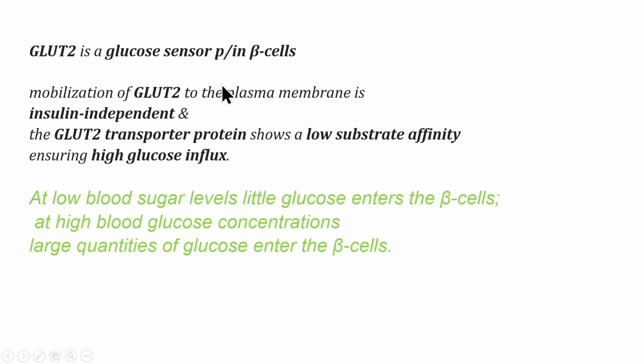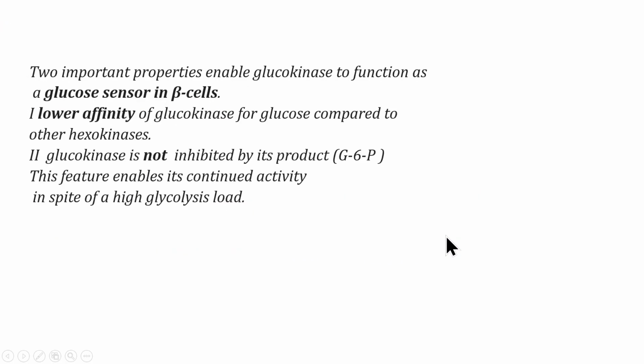Mobilization of GLUT2 to the plasma membrane is insulin independent, and the GLUT2 transporter protein shows a low substrate affinity, ensuring high glucose influx into the beta cells. That means at low blood glucose levels, very little glucose will enter into the beta cells. At high blood glucose concentration, large quantities of glucose will enter into the beta cells.